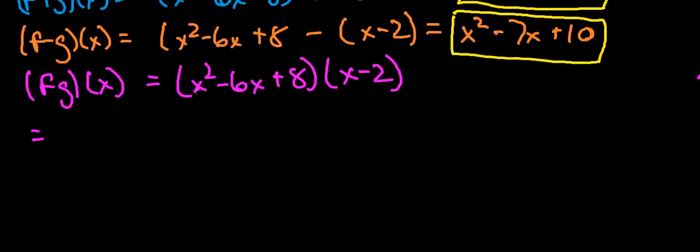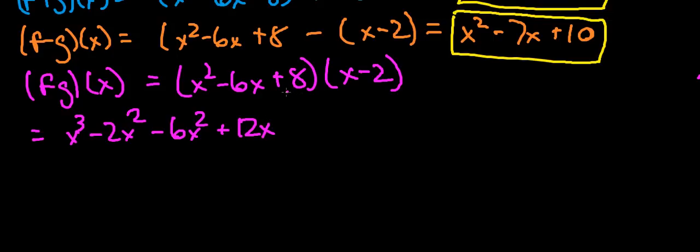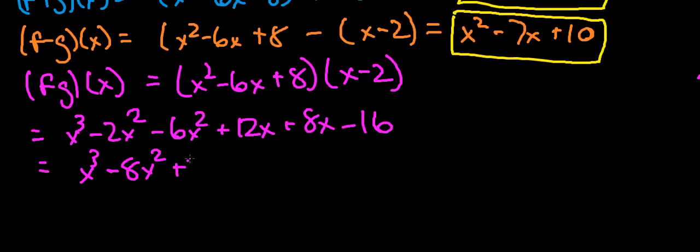So this is going to be equal to x squared times x, which is x cubed, x squared times minus 2, minus 2x squared, minus 6x times x, minus 6x squared, minus 6x times minus 2, positive 12x, 8 times x plus 8x, 8 times minus 2 minus 16. We just add all of our terms together and we get x cubed minus 8x squared plus 20x minus 16.